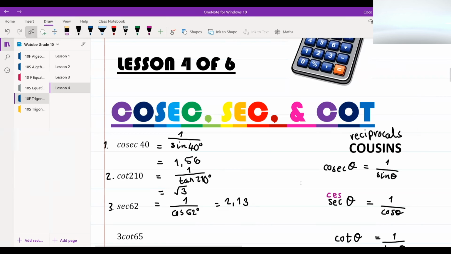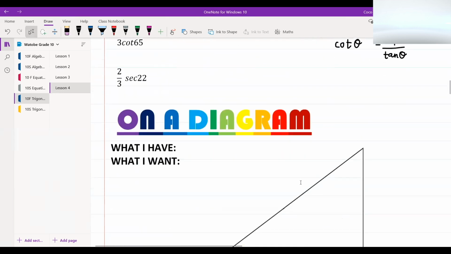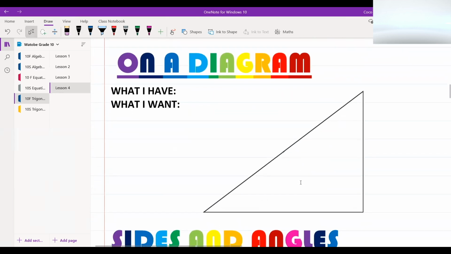Okay, all right, guys. We're going to talk a little bit again about what I have and what I want, but this time we're going to do things a little bit differently. This time I'm going to put a theta here, and I'm going to put theta over here. And then I'm going to put a 4 over here, and I'm going to put a 3 over here.